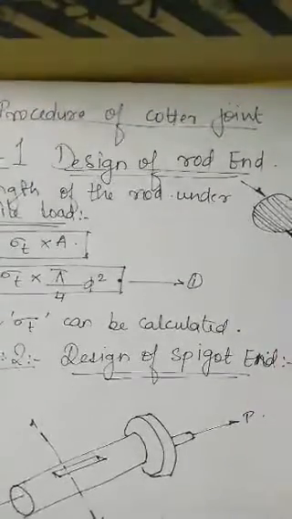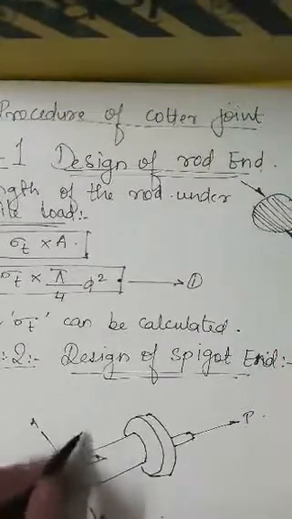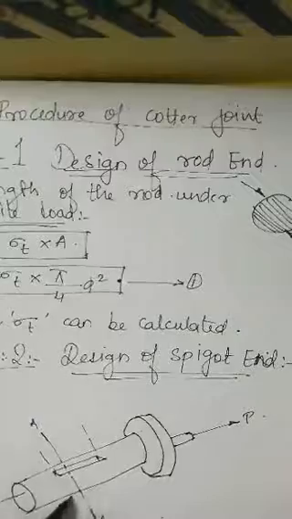Now for part number 2 of this step 2, it will be like this. Now we will consider shear failure, how the shear failure will act. So as you can see, in this hole the cotter will be inserted.